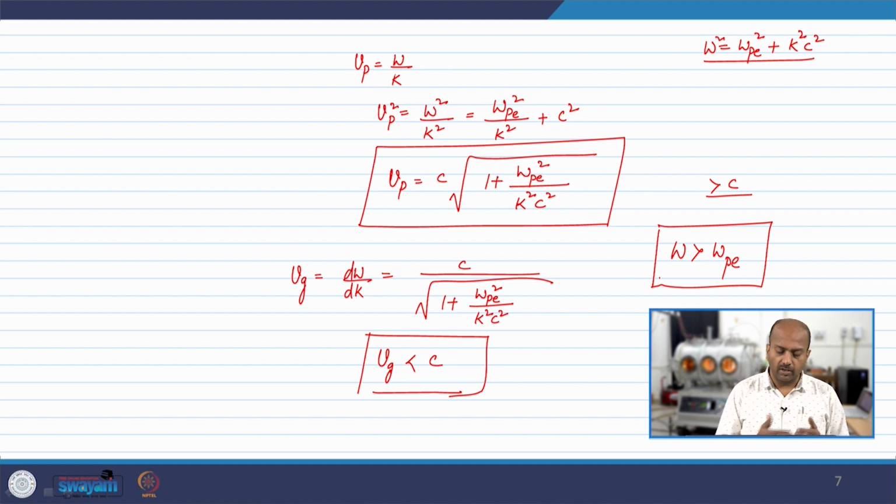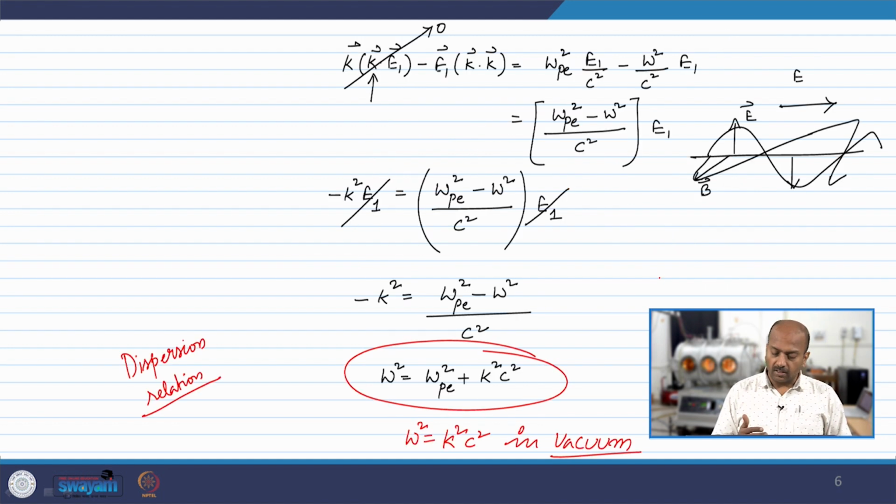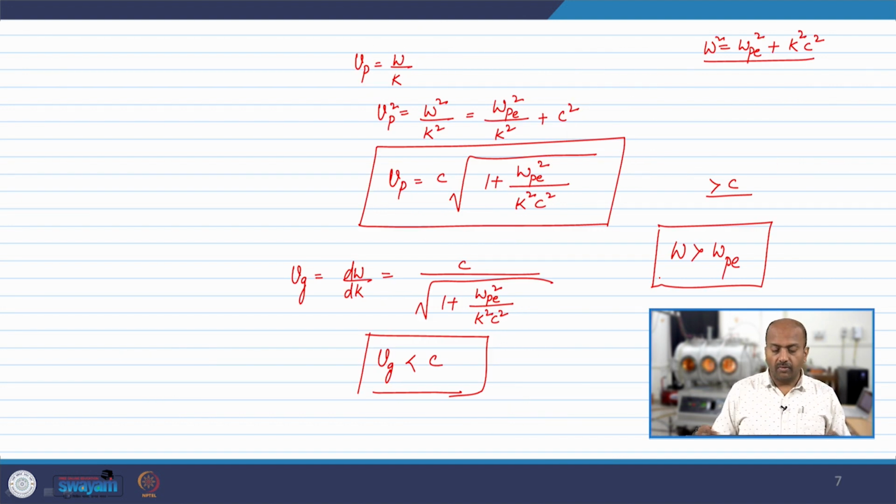In vacuum the velocity of the electromagnetic wave is just c, and for the group velocity to become equal to c, we should have the plasma frequency omega pe to be 0, which indicates that there is no plasma. We are just talking about the vacuum. So, as long as plasma is retained in this picture, the phase velocity can be anything and the group velocity will always be less than the speed of light.